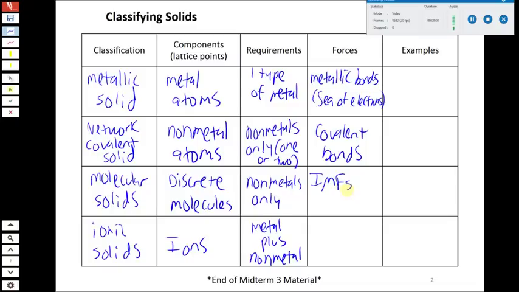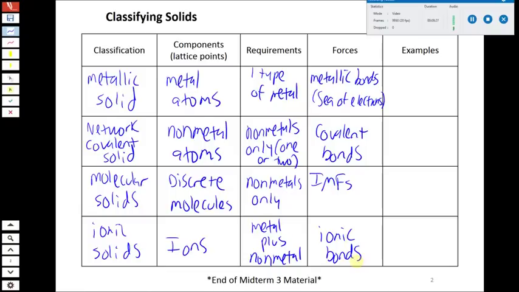So in a molecular solid, you don't have any bonding interactions between the molecules. You just have bonds that hold the individual molecules together, but then those are held in the solid by intermolecular forces. And then finally, in ionic solids, as we're likely already aware, the main forces involved in holding these together are ionic bonds.